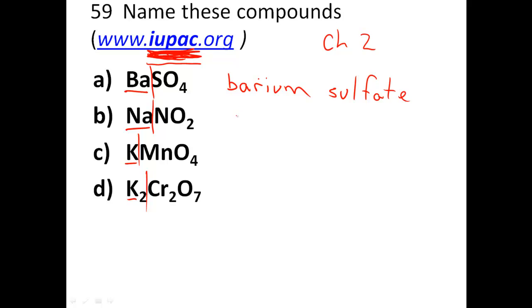For B, we look at the cation, and we see that it is sodium. And we look at the anion, and you have to be a little careful here. What is that anion? That's right, it is nitrite, not nitrate. Sodium only has one charge, so we don't have to worry about any Roman numerals.